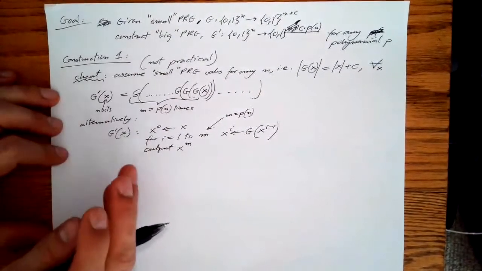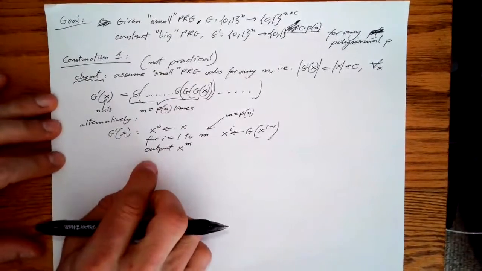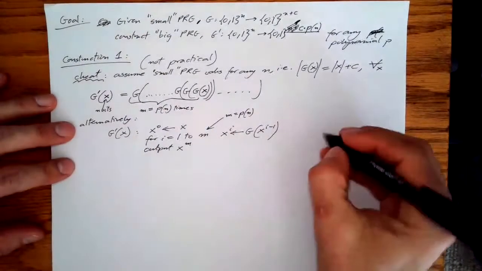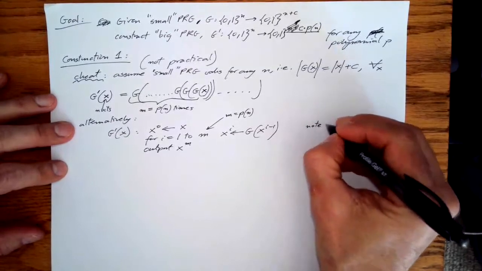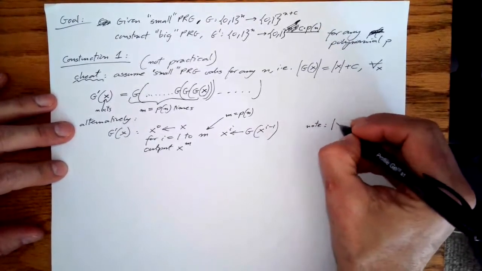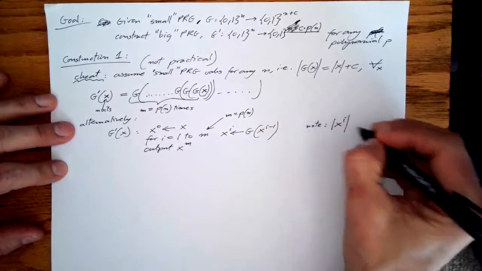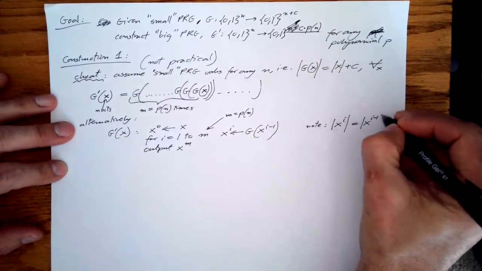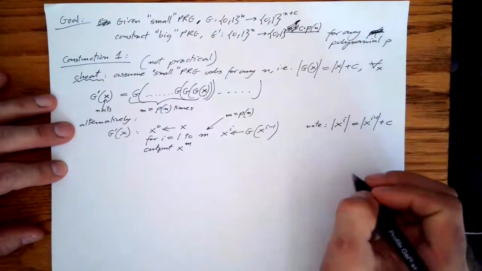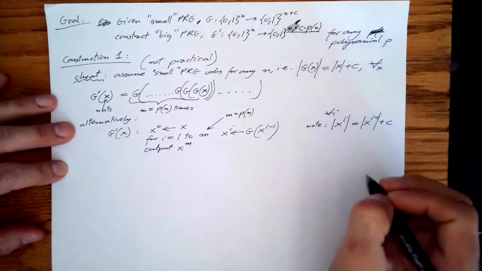So it's the same code, just differently represented. So you can see that the length of each value is the previous one plus c for every i.